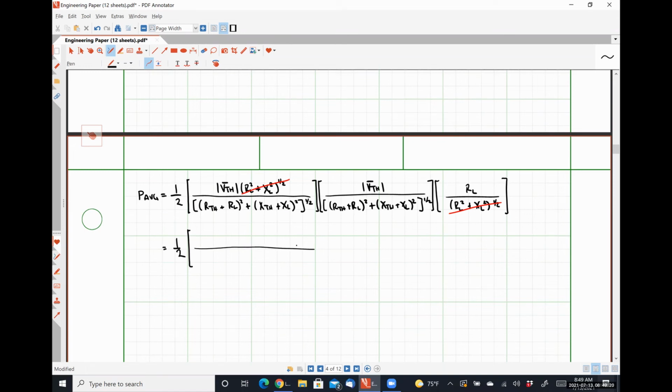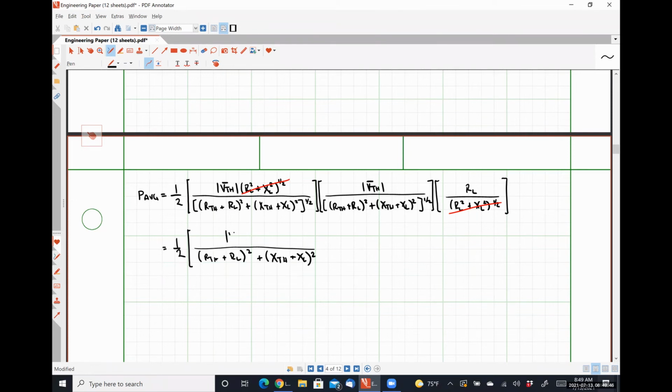I can also see I have this term in the numerator that's the square root of that big ugly thing multiplied by that exact same thing. So I'm just getting rid of the square root. So my denominator is going to look like RTH plus RL squared plus XTH plus XL squared.